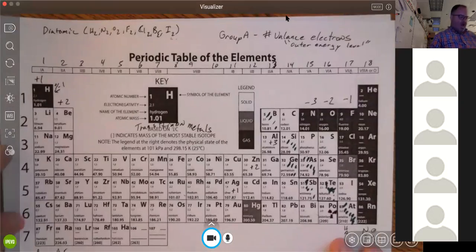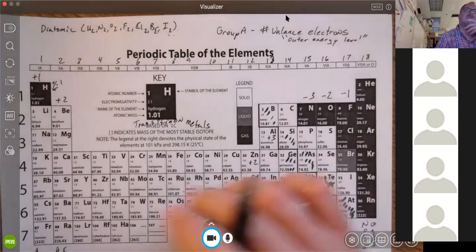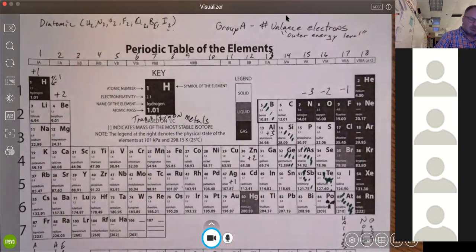That's what we got. There's a nice periodic table with everything we need to have labeled for this unit and most of next.